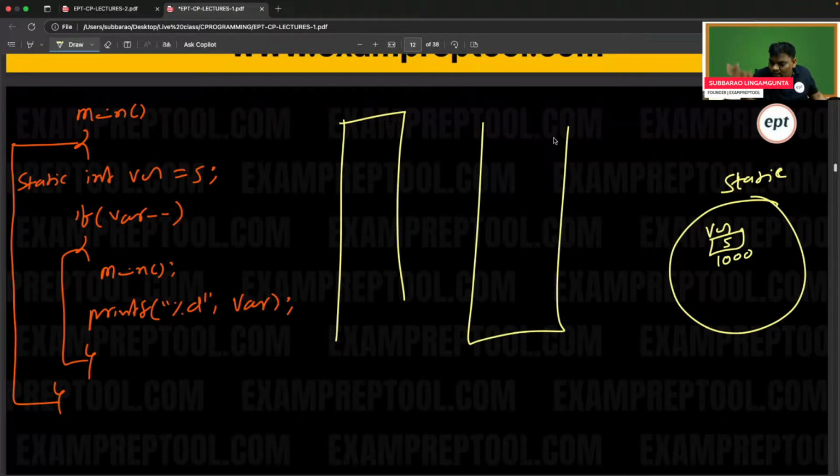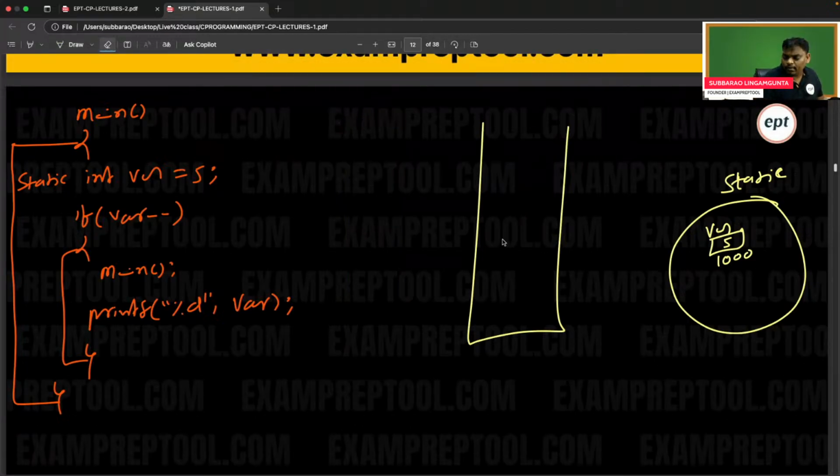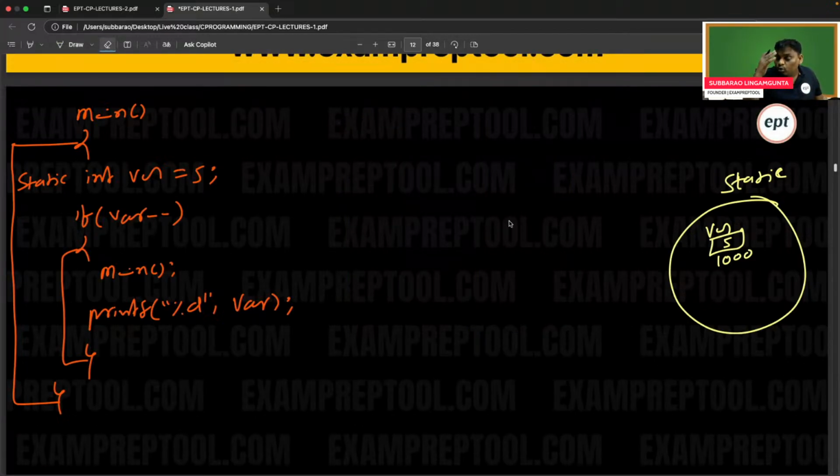Whether you write a vertical line, a horizontal line, top to bottom, bottom to top, left to right, or right to left, it doesn't matter. The stack property is important, not the diagram. Diagrams are only for humans because humans have eyes.